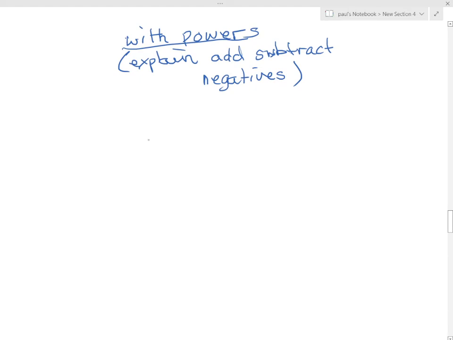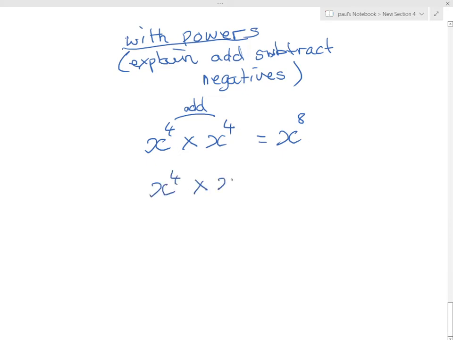So when we have x to the 4 times x to the 4, when we work that out, we just add. So this becomes x to the 8. So if we have x to the 4 times x to the minus 2, we are still adding, but when you add 4, add minus 2, you end up with 2.